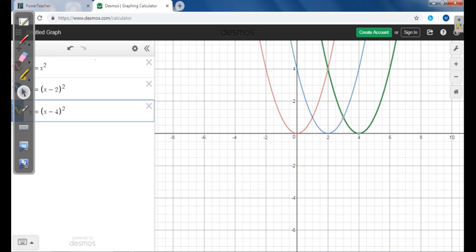Okay? Remember, we always compare to the original, which is y equals x squared. What's your vertex for this one? (4, 0). So what part of the vertex is it changing? The x value or the y value? The x value. Okay.